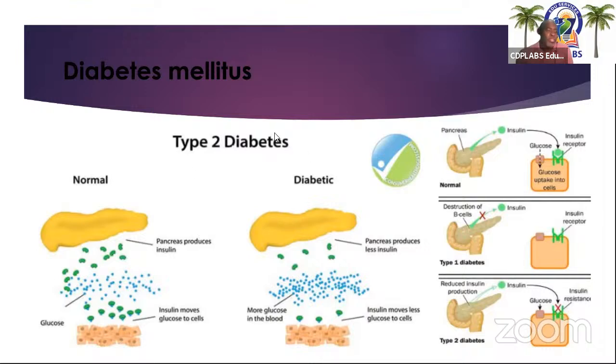All right. Let's step up the game again, right? Now type 1, destruction of the beta cells. So they are destroyed, and no insulin is actually being produced, right? And therefore, a high volume of glucose is in the blood.